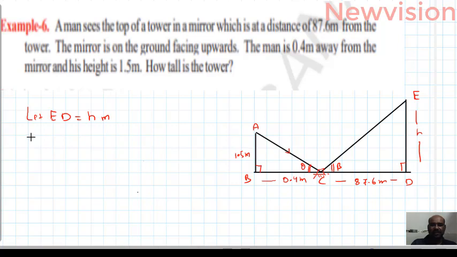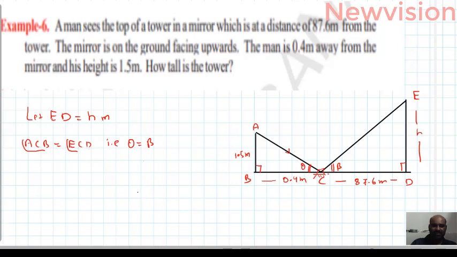Angle ACB equals angle ECD, that is, theta equals beta.